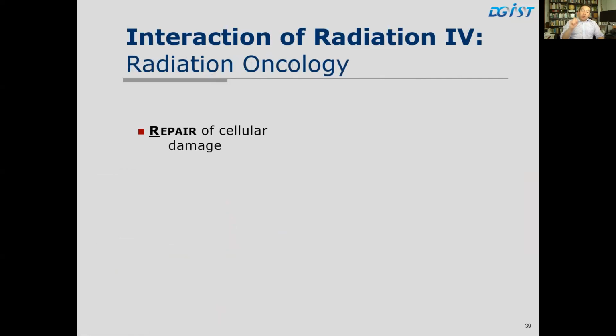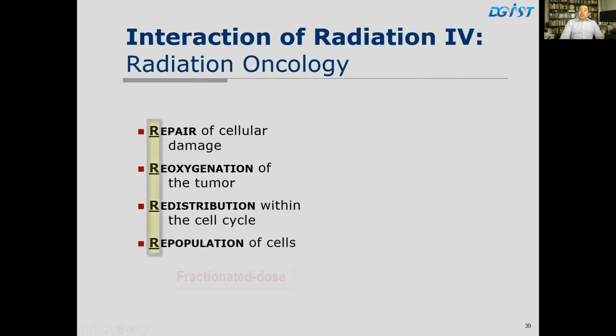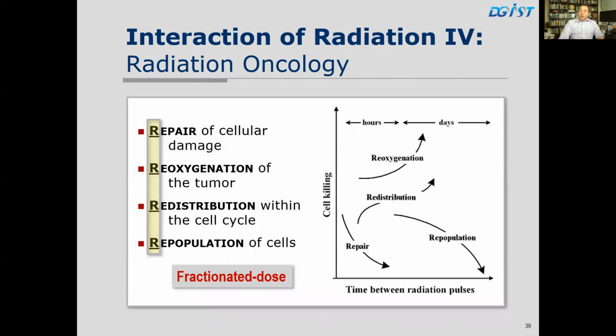So we can also use this radiation to kill cancer cells. It's a field known as radiation oncology. And this is a complex field, where you don't just blast radiation in there. You have to balance 4 different elements. The body is repairing or responding to this radiation.